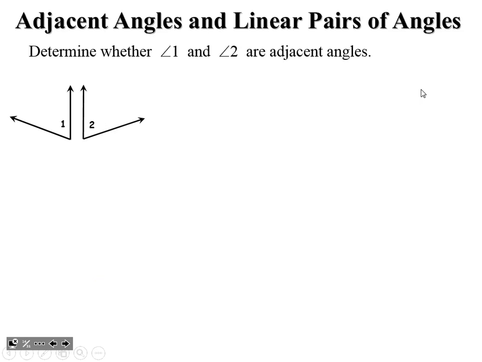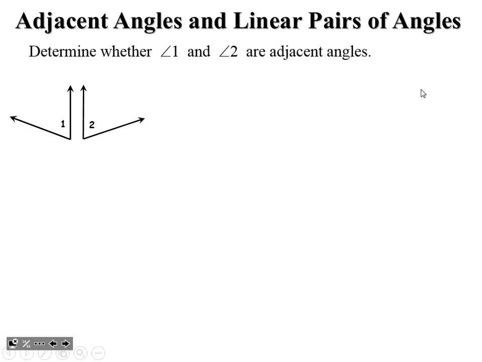Looking here, it says adjacent angles and linear pairs of angles: determine whether angle 1 and angle 2 are adjacent angles. Looking at these two, going over those two requirements for adjacent, do they have a common vertex and a shared side?